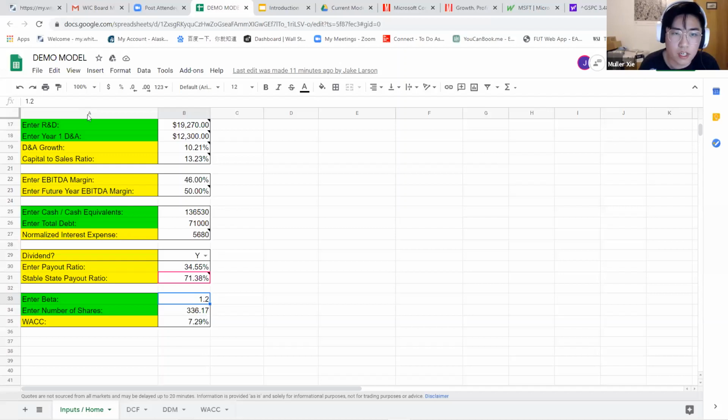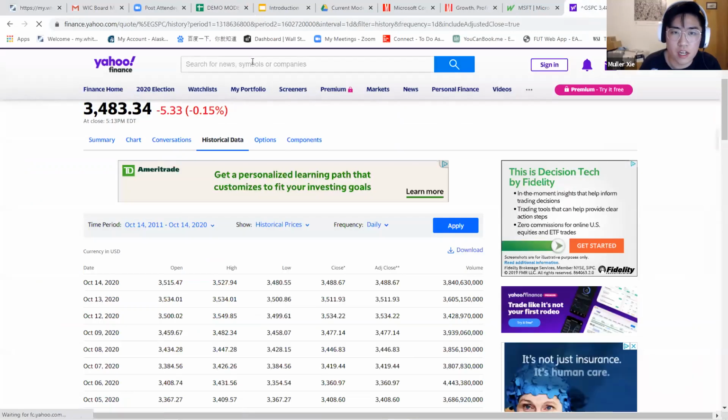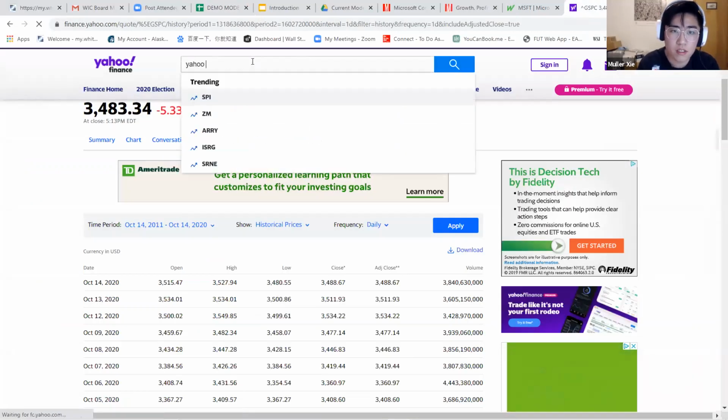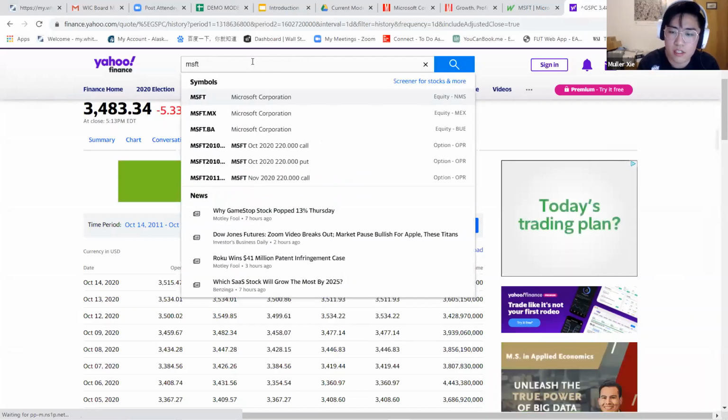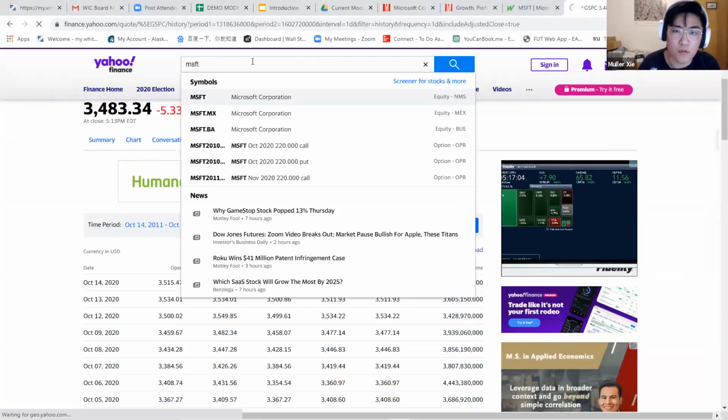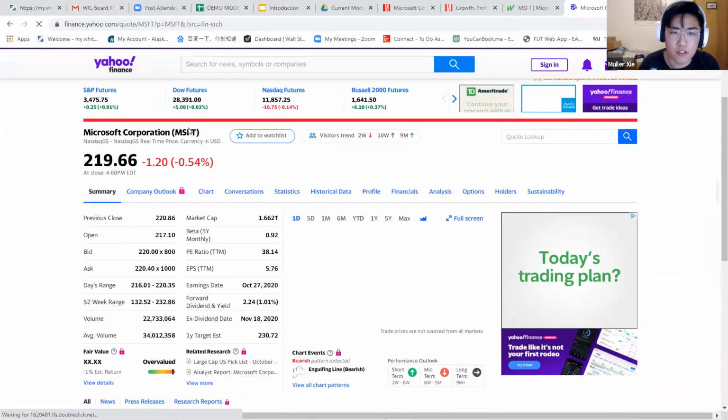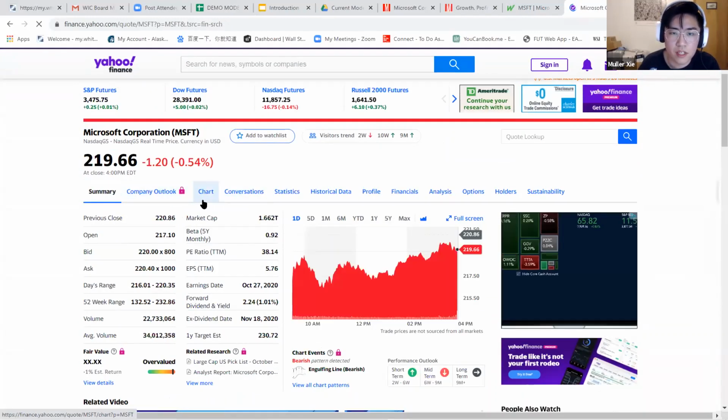So from here I will just put 1.148 here, and then for the total number of shares, you can find it on Yahoo Finance. You just type the ticker of the target company you want to analyze, which here is MSFT.